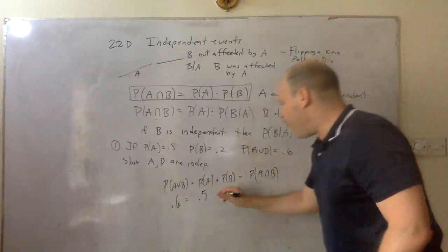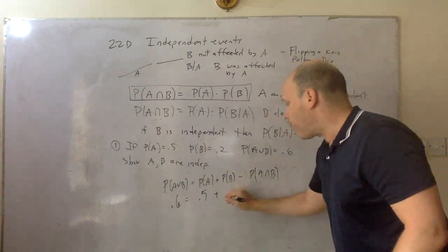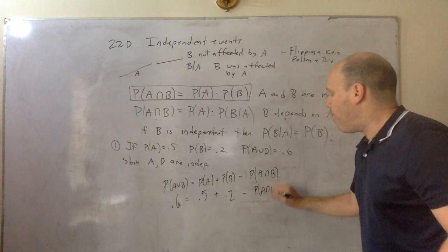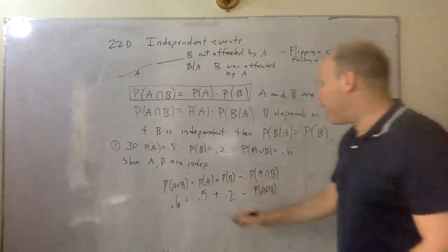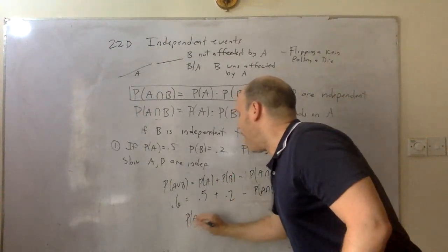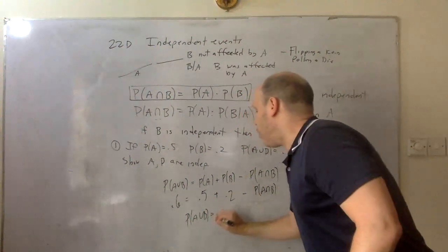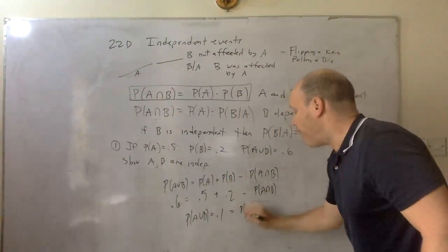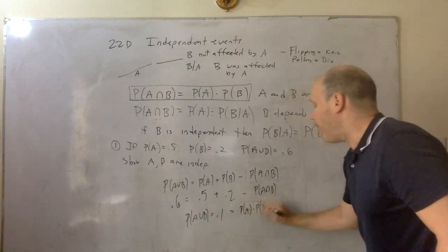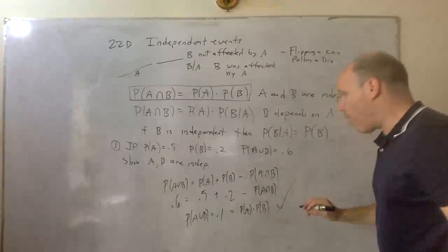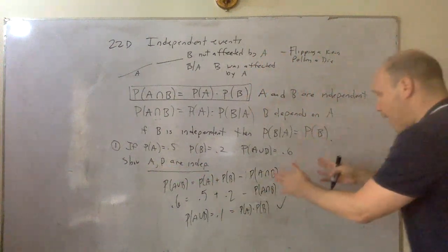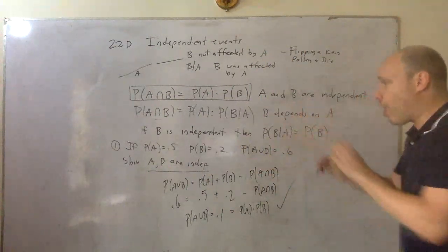We know that the probability of B is 0.2, minus this intersection. We can see algebraically that the probability of A intersect B is equal to 0.1, and that is equal to the probability of A times the probability of B. Therefore, A and B are independent. That's what you have to show.